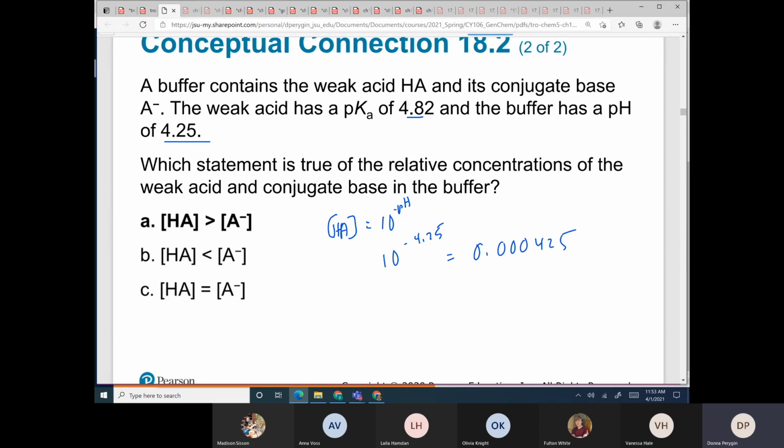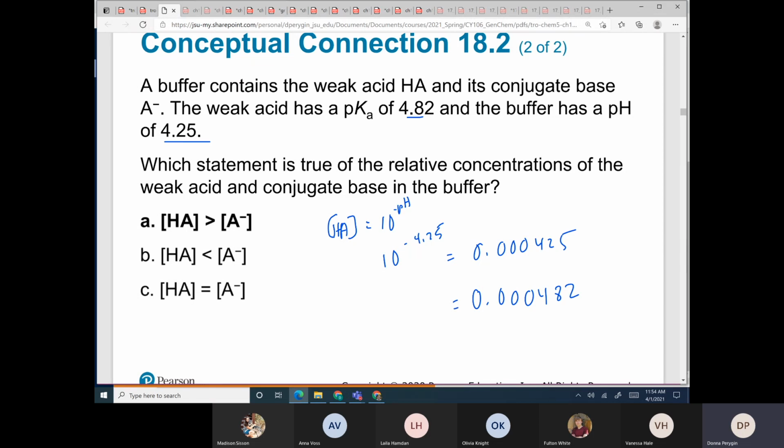And your pKa is 4.82, so reversing that would be 10 to the negative 4.82, which would be 0.0000151. Okay, so what does that mean?